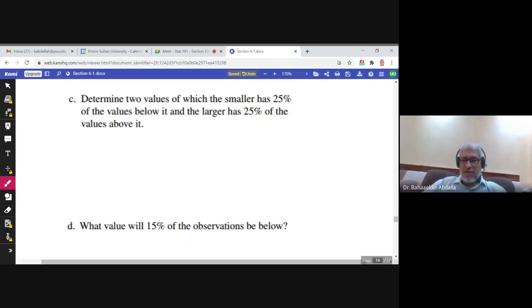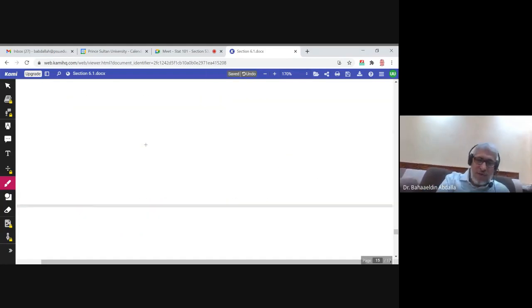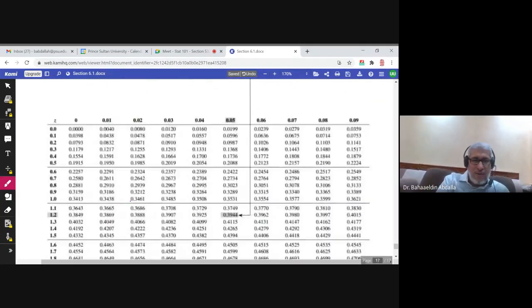Let me solve this question because here z0 would be negative, okay? So I write the probability that z is less than z0 is 0.15, and I search for 0.5 minus 0.15, which is 0.35. So I go to the table and look for 0.35 inside the table.